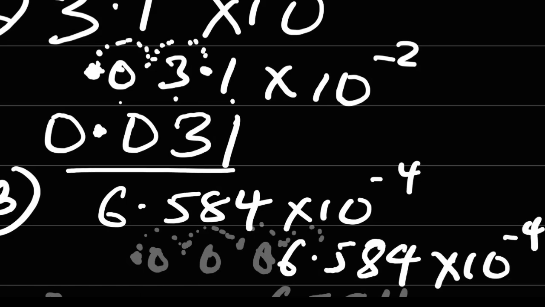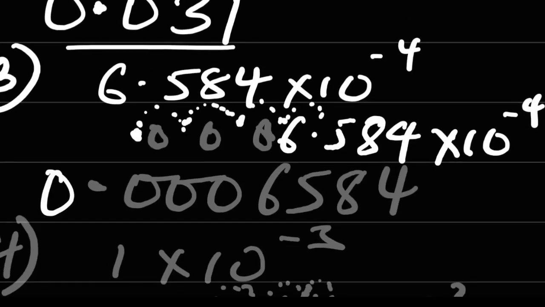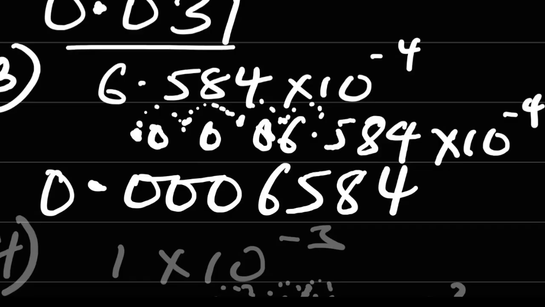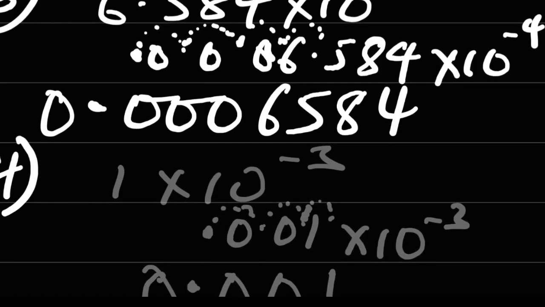That means the decimal will move 4 times. 1, 2, 3, 4. The decimal is here now. So you write 0 before you put the decimal. Then these empty spaces, you fill them with zeros. So we have 0.0006584. That's our answer.